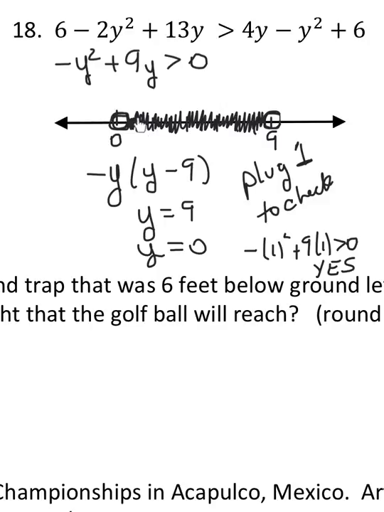So we shaded inside between the critical points. So don't forget to check using one of the numbers on your number line to make sure that you're shading it in the correct place, because sometimes these negative signs will throw us off and you'll end up shading in the wrong place. So just make sure that you check where you're shading by using one of your points that's inside the region that you're trying to check.